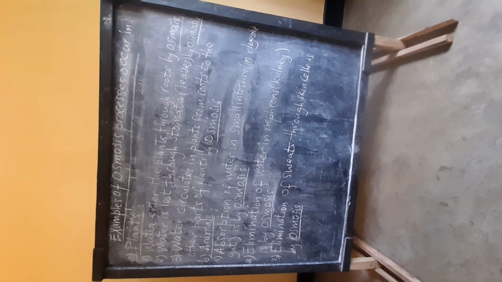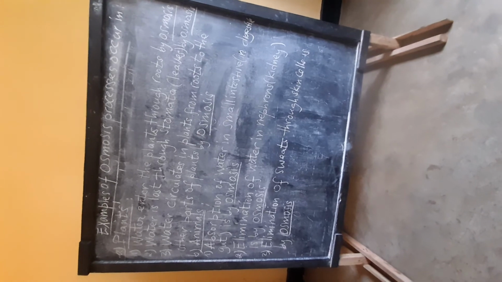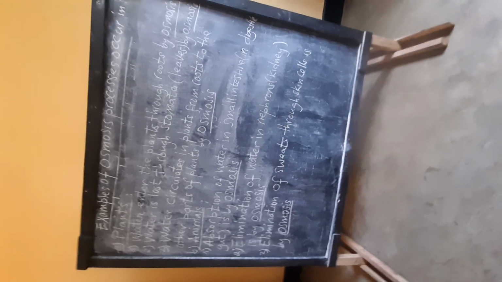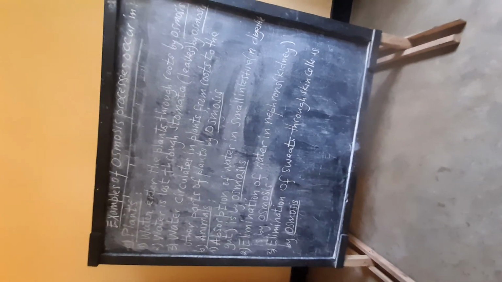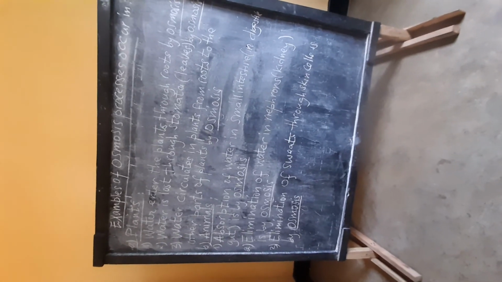That means passively substances move from where they are high toward where they are low. In contrast, in active transport, substances can move from where they are low toward where they are high.